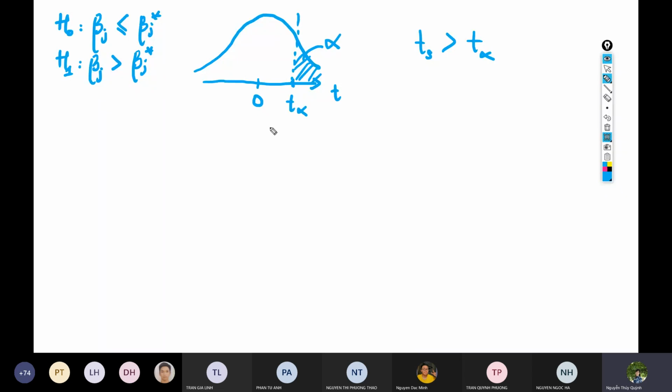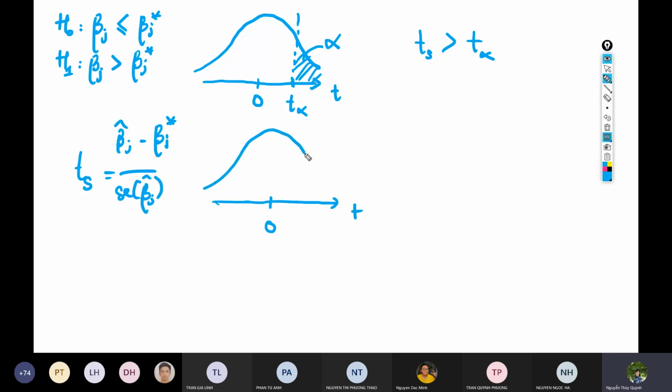Now let's determine the p-value for this test. We will have to calculate the test statistic first. The test statistic here will still be beta z hat minus beta z star divided by the standard error of beta z hat. Here is the distribution of t, and for example, this one is our TS.